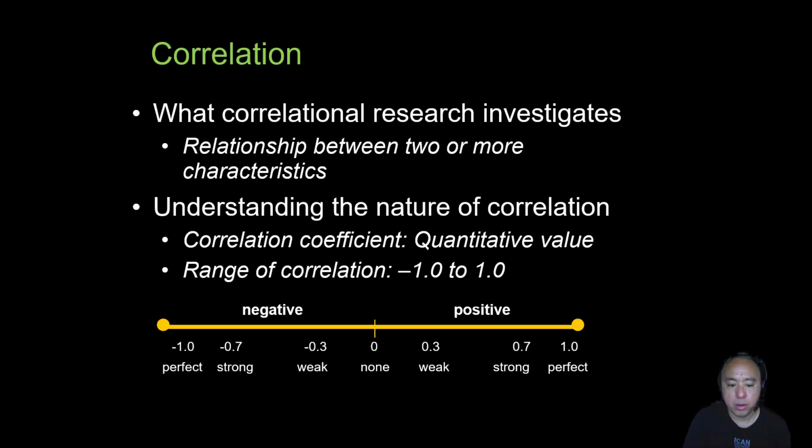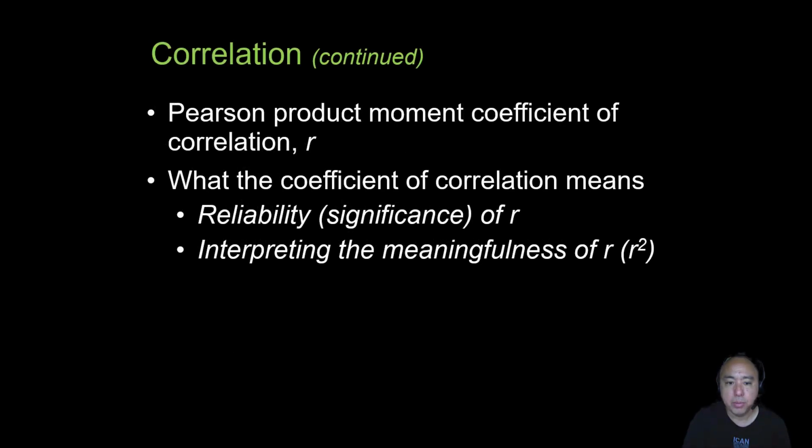And these are the strengths of correlation on the scale that is typically considered. For example, perfect correlation is obviously 1 or -1. No correlation is 0, and somewhere in between those two ends of the spectrum is weak and strong, and that may vary on the context in which the correlational analysis is being performed.